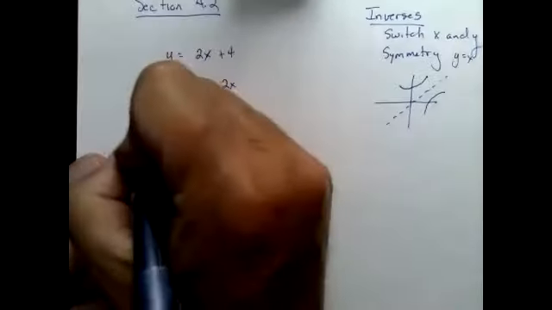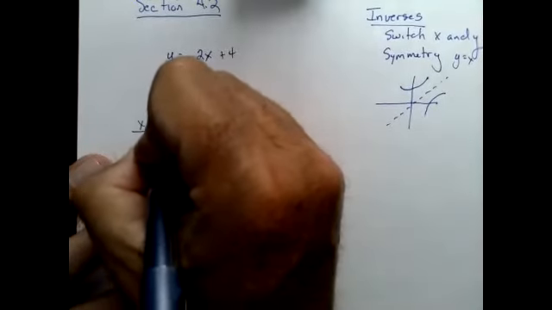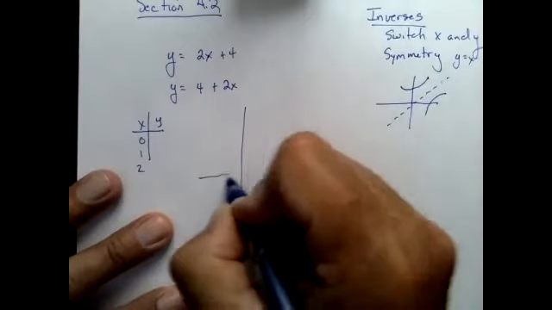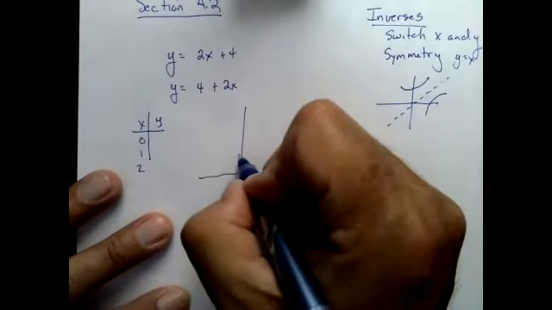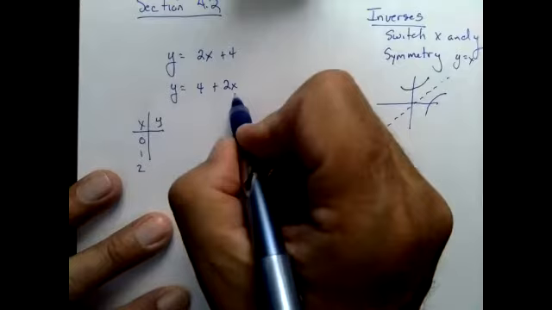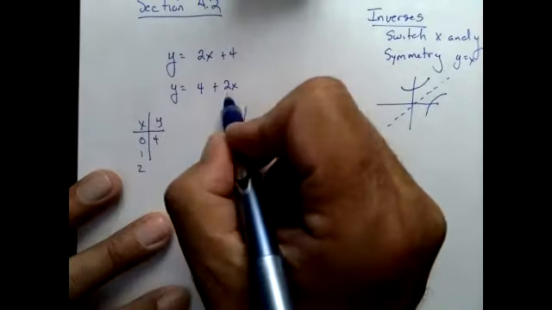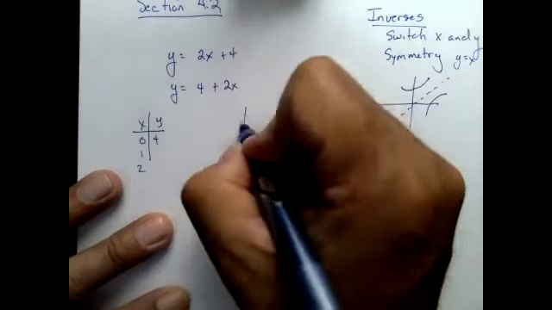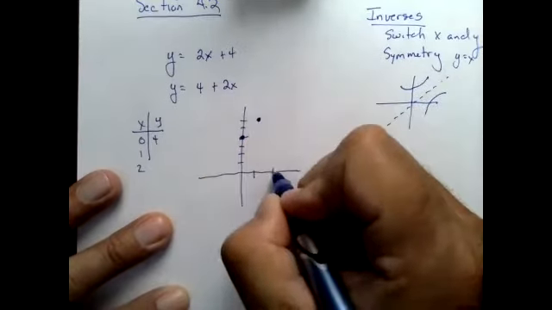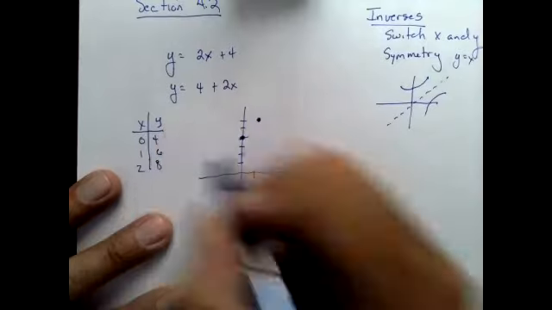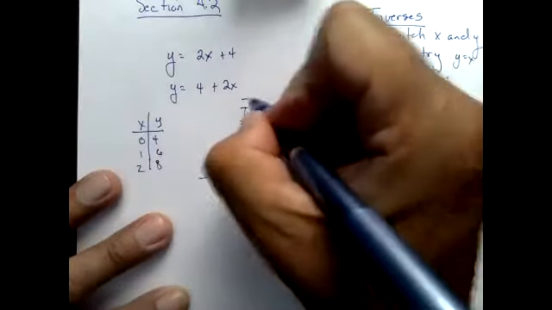Because if I picked points 0, 1, and 2, and I looked at the graph, at 0, it's 4. Boom. At 1, it's 2 more. Takes me up to 6. At 2, there's 2 more than that. It takes me up to 8.